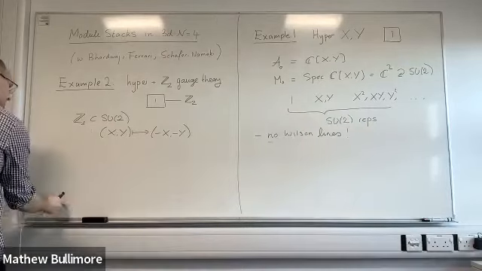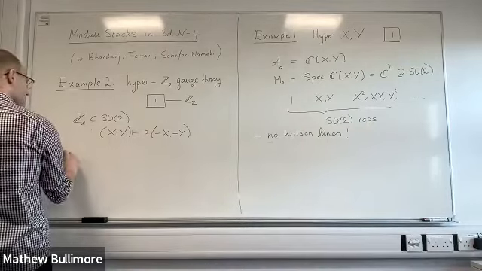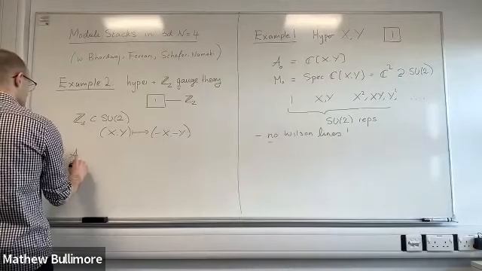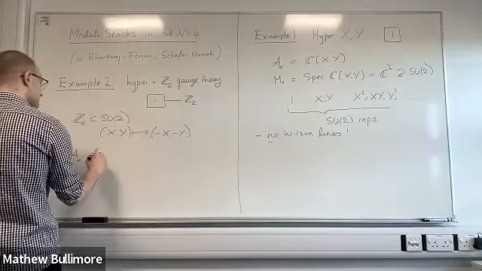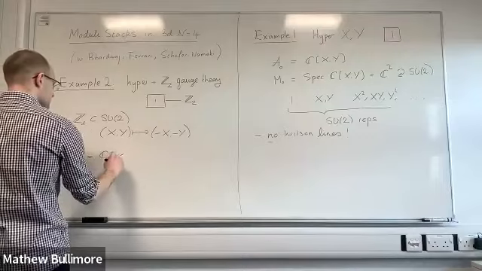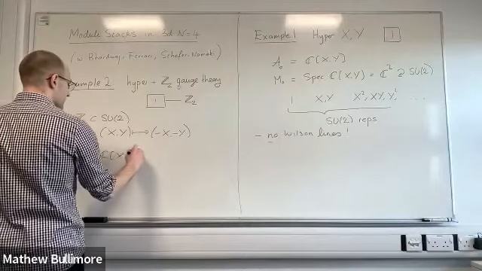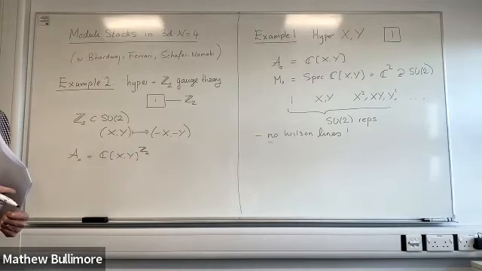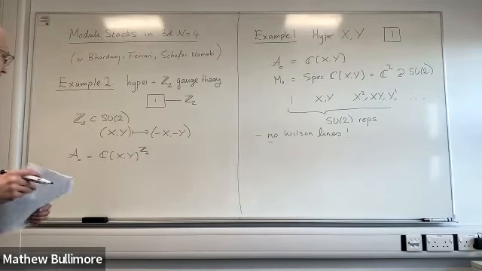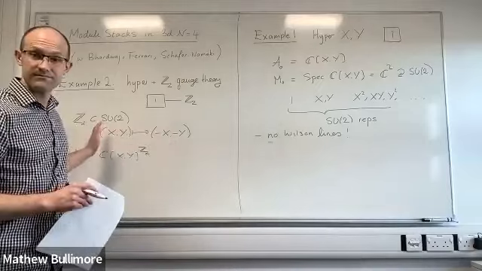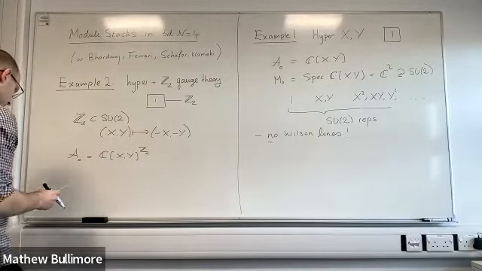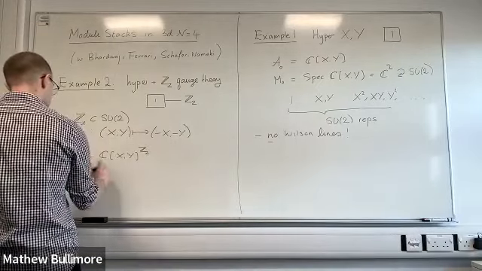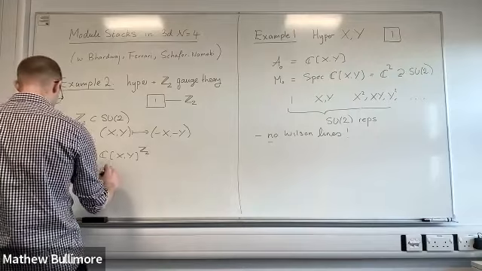Okay, so let's go through the exercise again. What are the local operators we have? Well, it's very easy, because local operators in this theory you just get by taking invariants under the action of Z2. So you just look at the things that are invariant under this action. Okay, and it's very easy to see what they are.